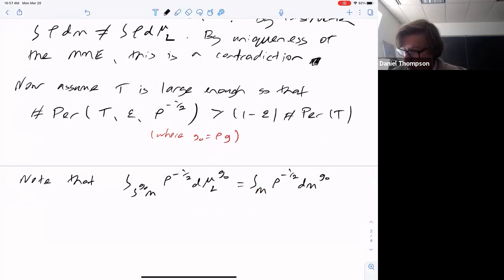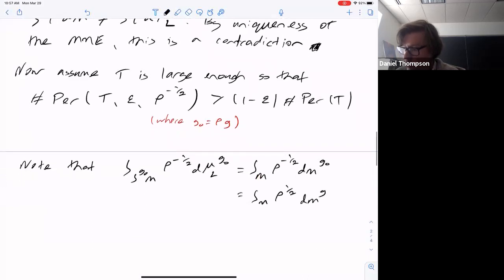Which equals the integral over M of rho to the 1/2 dm g. Again, we saw a couple of lectures ago how you can get from there to there.